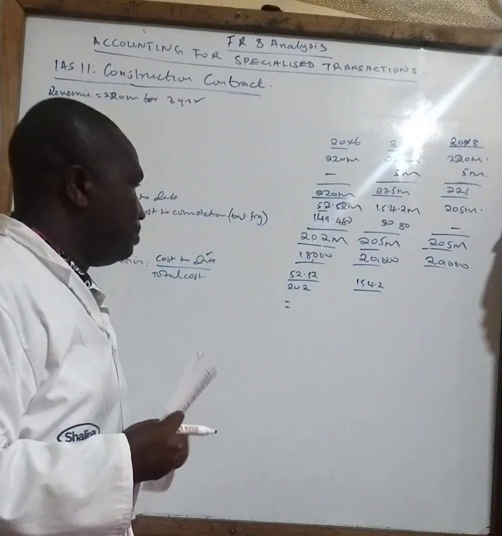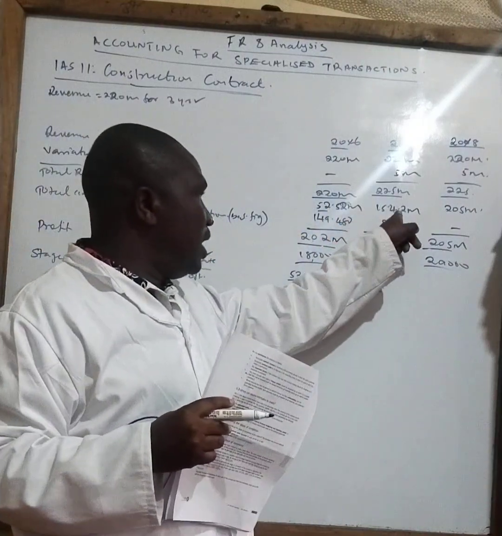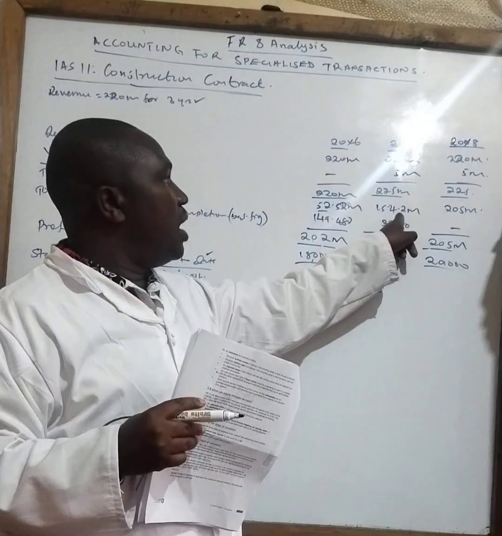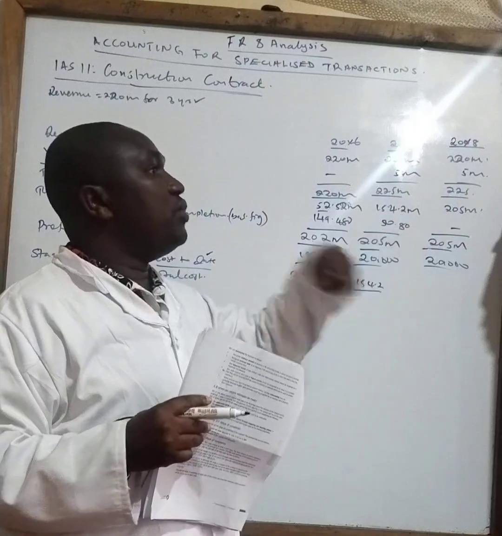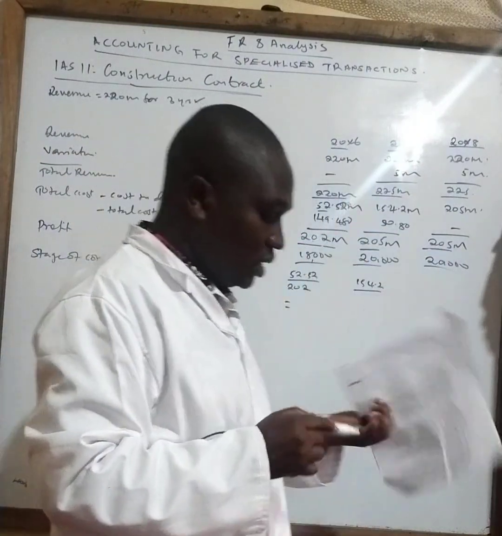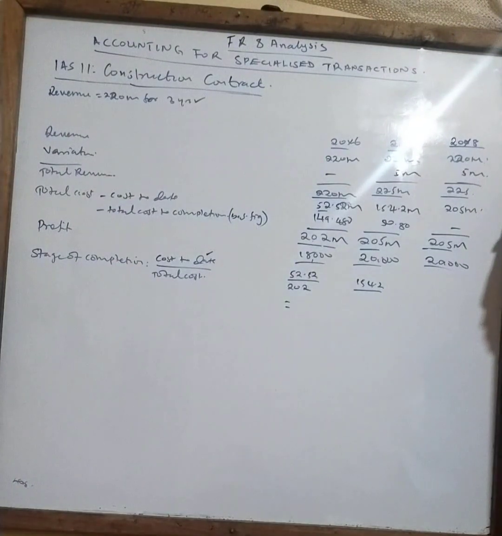But there is a problem inside here. We are told that it is inclusive of material cost that is for the following period. So we have to subtract. Take your calculator and subtract it correctly.